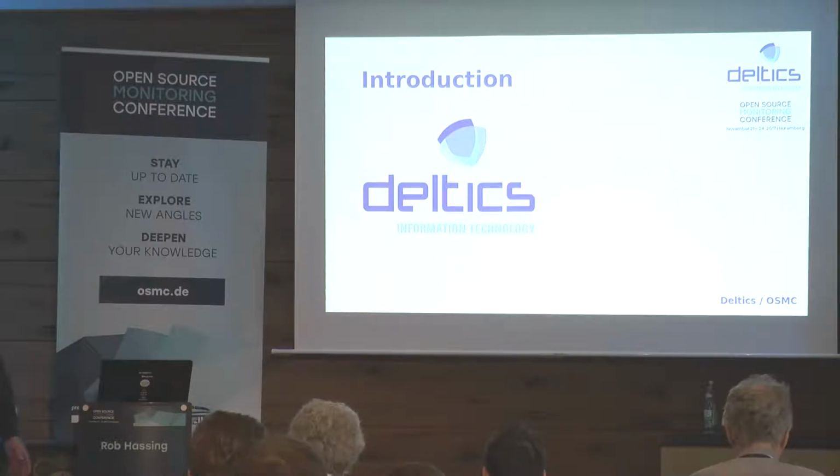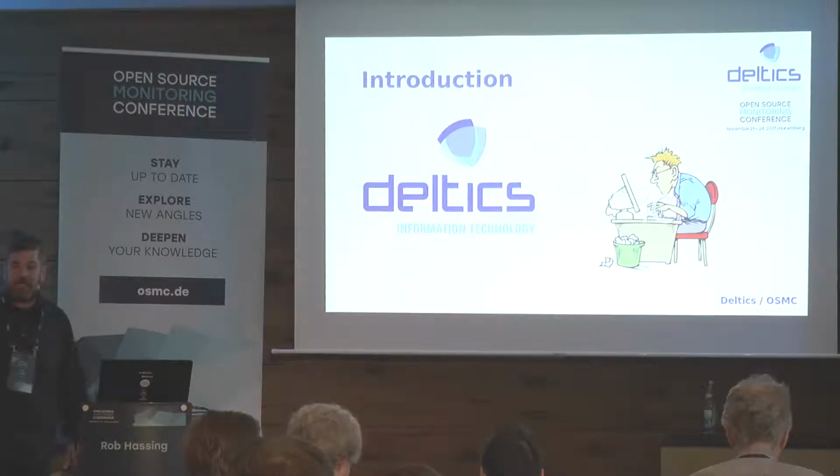Deltax has 60 colleagues, and we're based in the eastern part of the Netherlands, near the German border. I'll try not to mix up my languages because I'm still thinking Dutch, speaking German all day, and now doing my talk in English, so it's maybe a bit difficult. I'm an IT consultant at Deltax, a hardworking IT consultant.